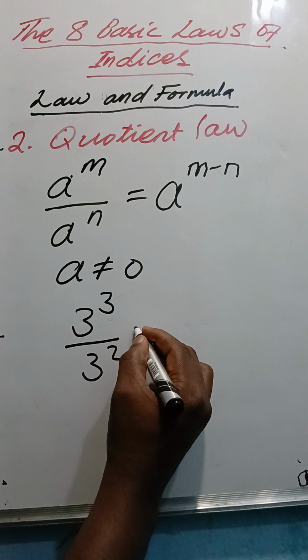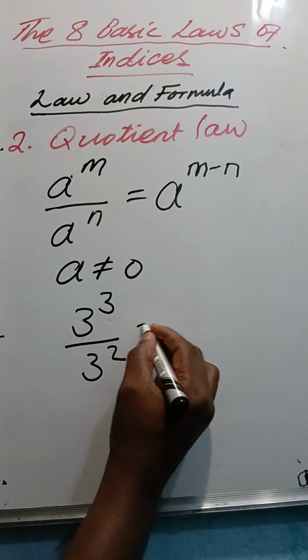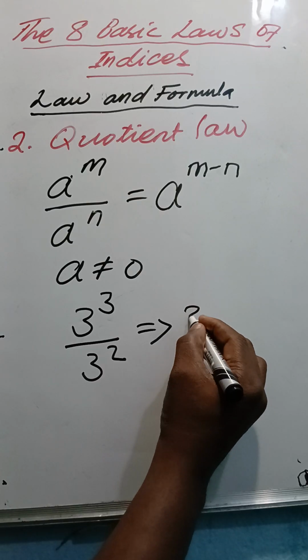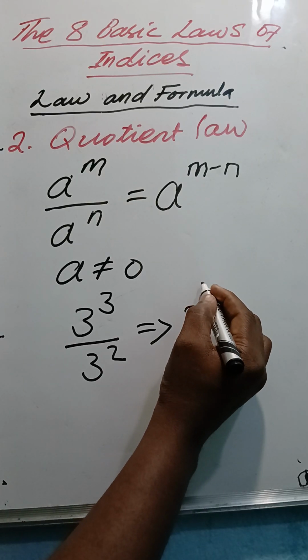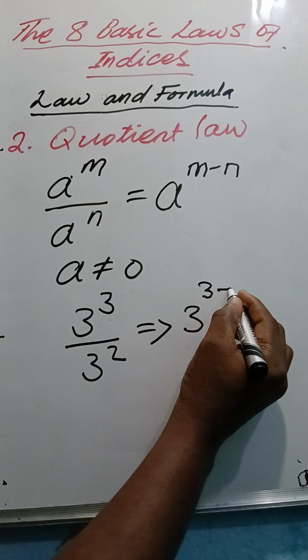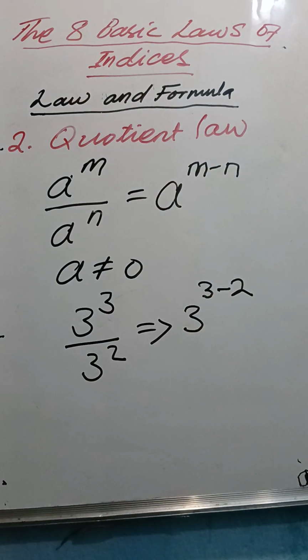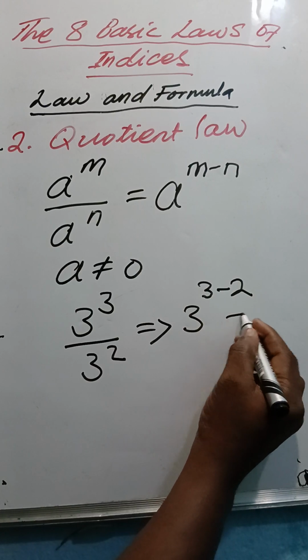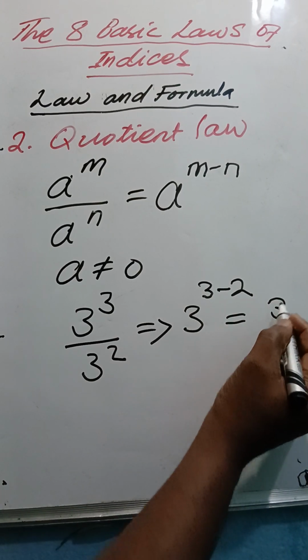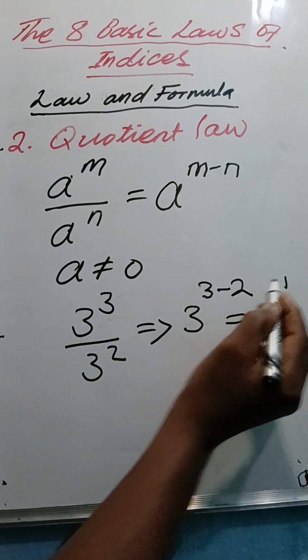So what we'll do is, we say 3 to the power 3 minus 2. So that's what we would do. And this will give us 3 to the power 1.